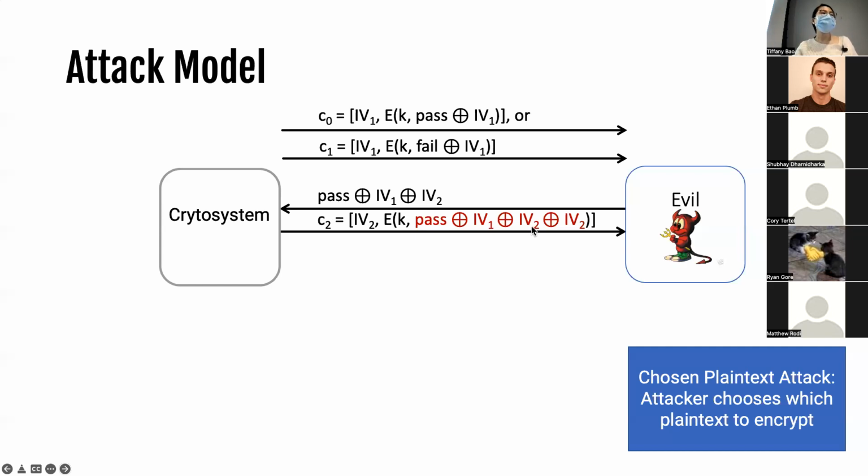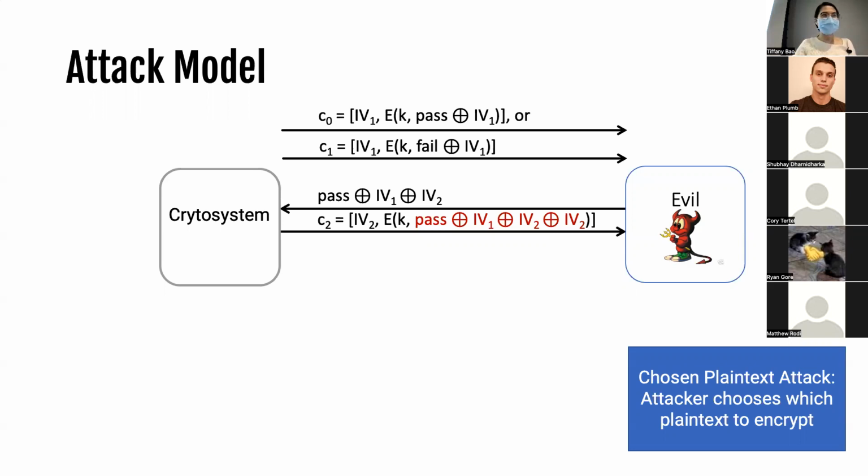And then because IV2 has been XORed twice, what the crypto system is really doing is encrypting pass XORed with IV1, right? So IV2 got canceled out completely. This is exactly because Evil, the attacker, can predict IV2. That's why he can craft a message that, after this XOR with IV2, will be canceled out, like IV2 no longer has any effect.